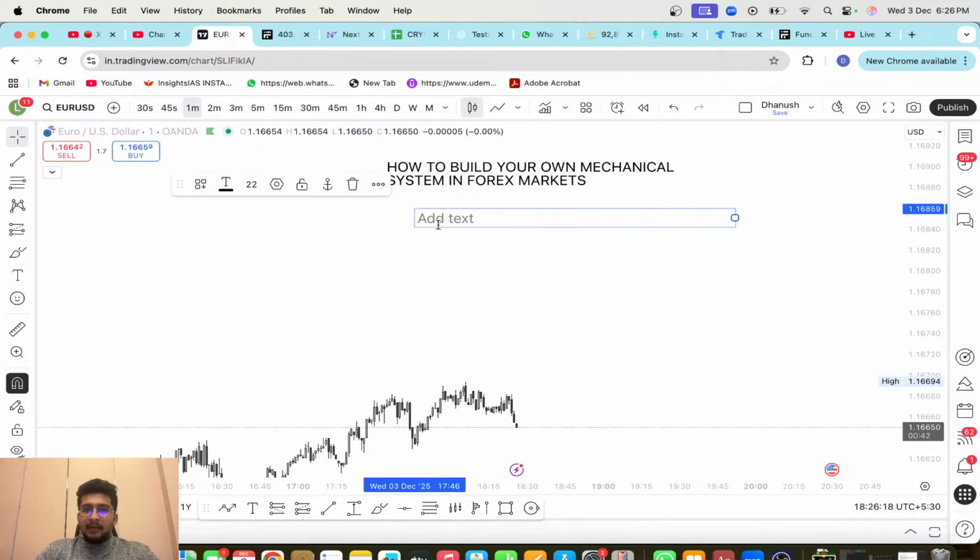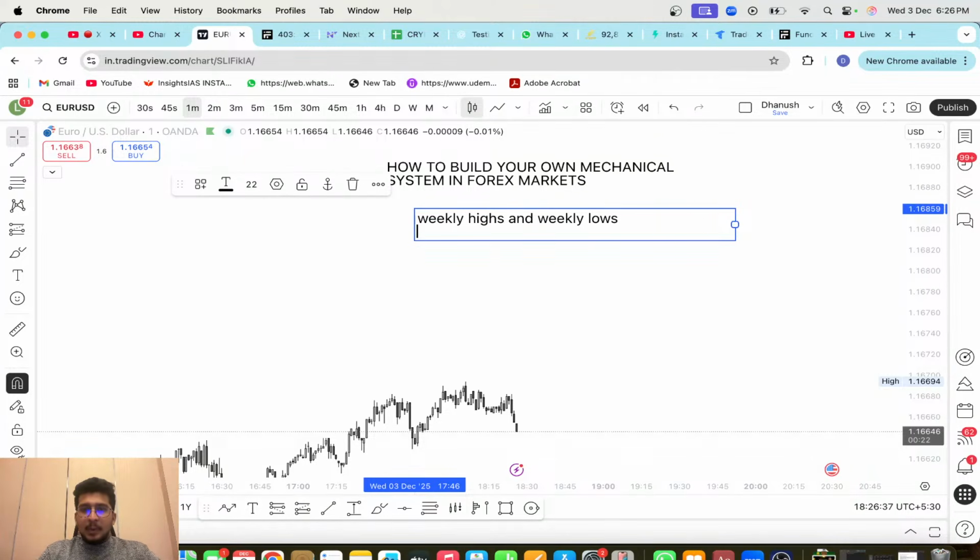We basically have weekly highs and weekly lows as liquidity areas. Why? Because weekly is a higher time frame.